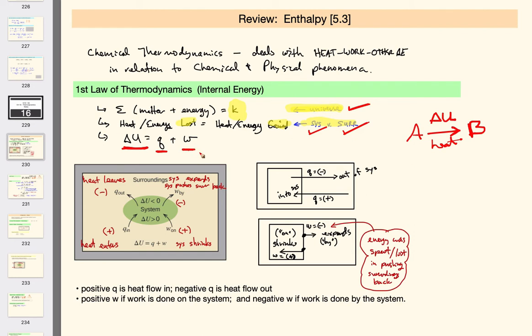What's the work energy? Well, that's the second big form. So how thermodynamics works is we take this grand total, the total of energy, and the first thing thermodynamicists do is they break it down into two pieces: heat energy and work energy. And then from those, they're going to have different expressions for each of those.